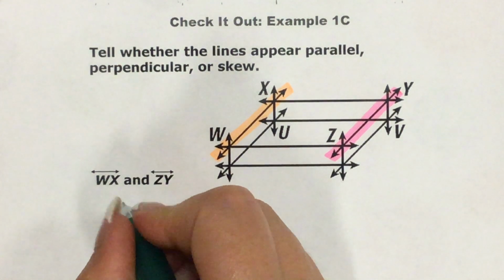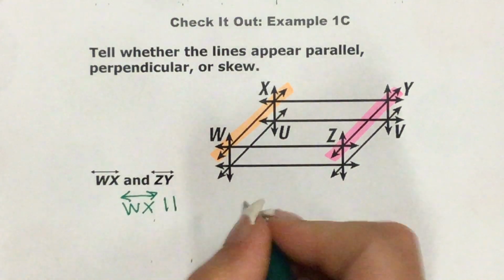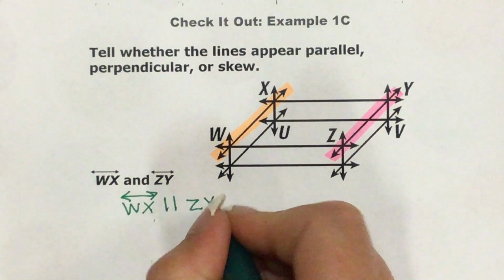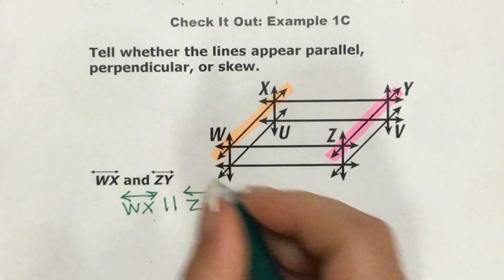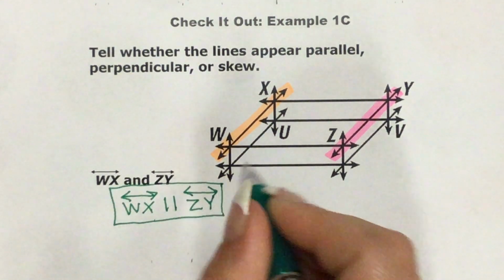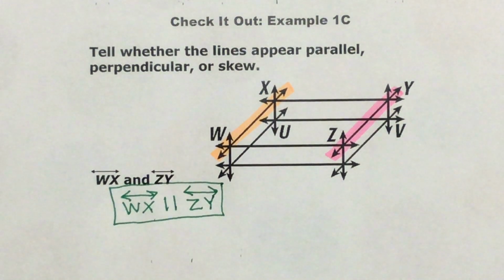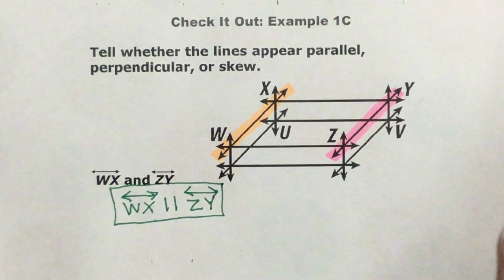So we're going to write WX is parallel to ZY. So if you got all those right, wonderful job, and you wrote the symbols and everything, you're doing awesome and you're on the right track. Okay, let's keep moving forward.